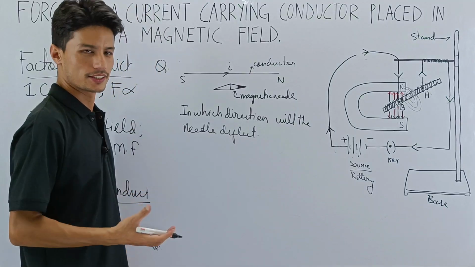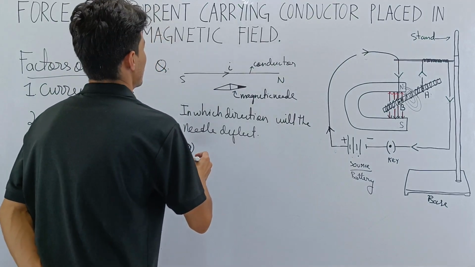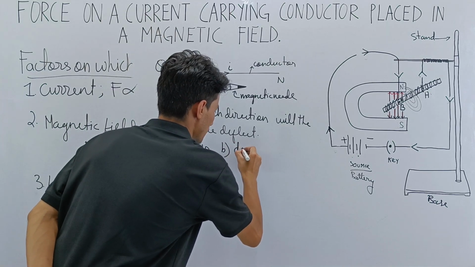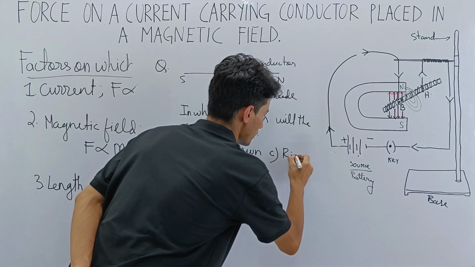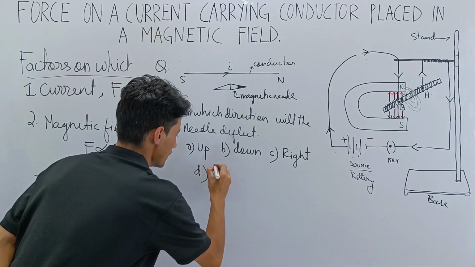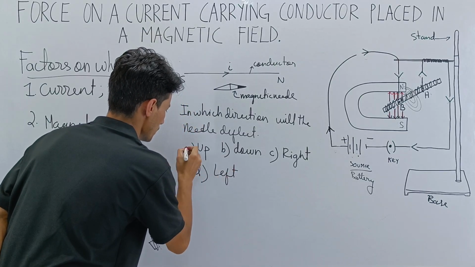This is below your standard, but I want you to answer this question. Option A is up, option B is down, option C is right, or option D is left. So these are the options.